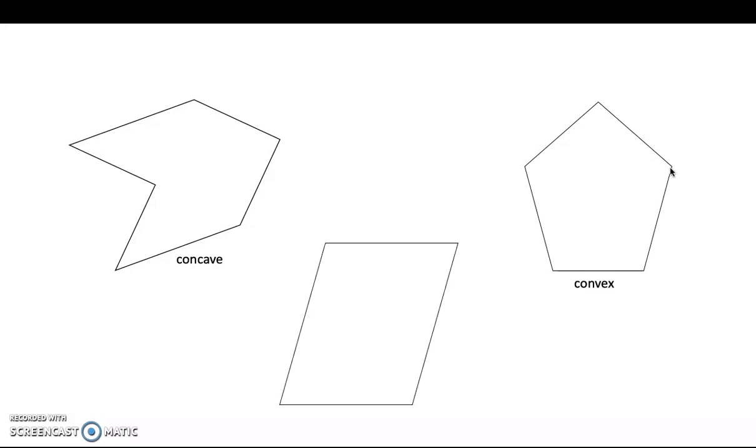Next figure. Oh, that particular figure is the same as our example. So the diagonals are all located inside the polygon. Therefore, it's a convex polygon. Last figure.